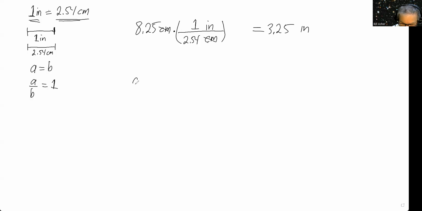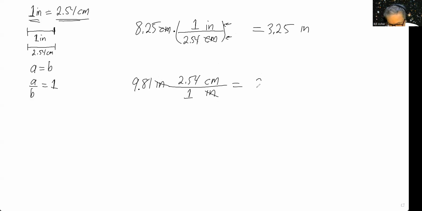If I have 9.81 inches, then I need a conversion factor that is centimeters per inch. If 1 inch over 2.54 centimeters is equal to 1, then 2.54 centimeters over 1 inch is also equal to 1. Now inches are canceling, and if I multiply 9.81 by 2.54, I get 24.9 centimeters.